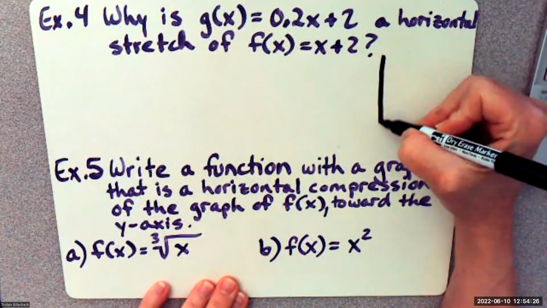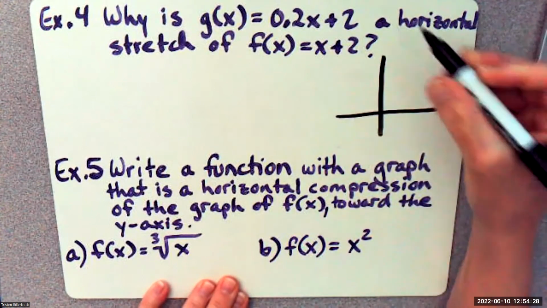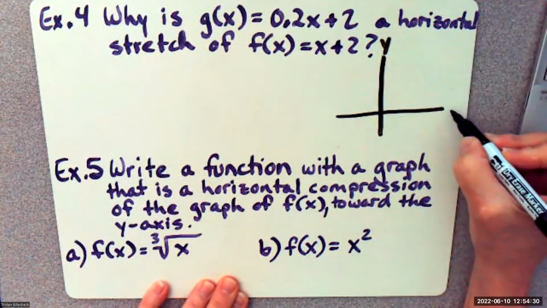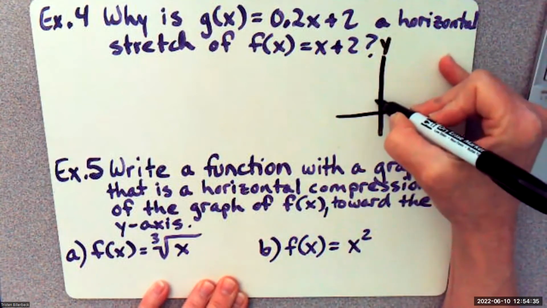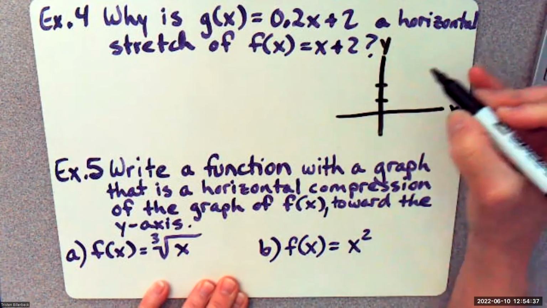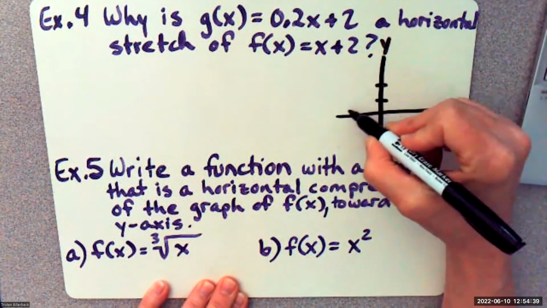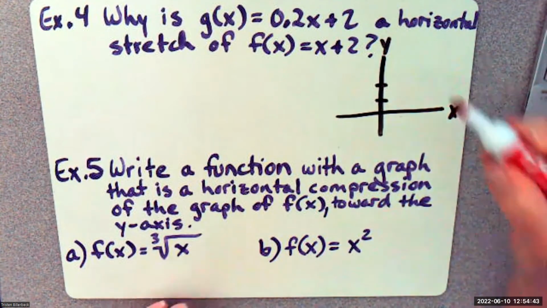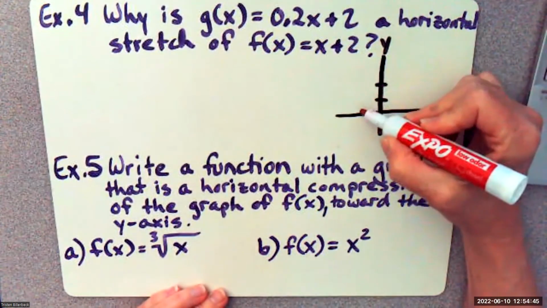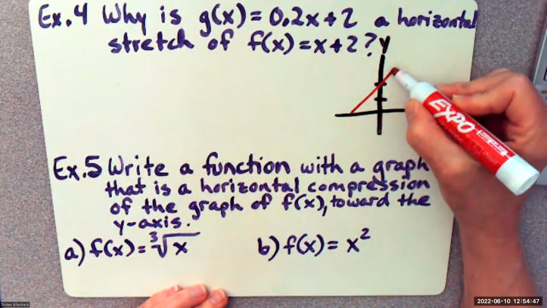If we start with a quick graph, we have y here and x here. This one rises up 2, but it's just that standard graph of y = x, just shifted up 2.